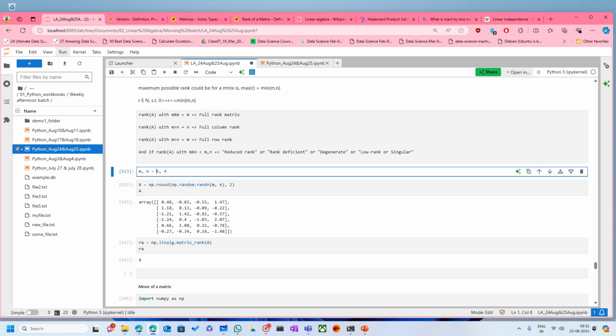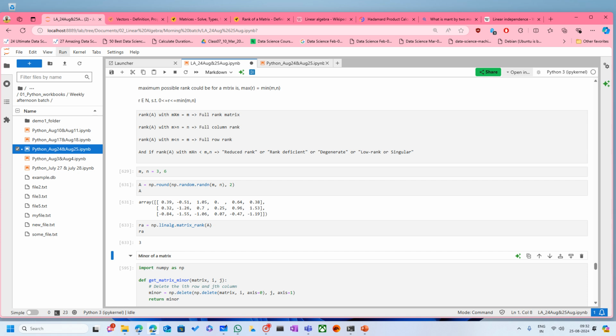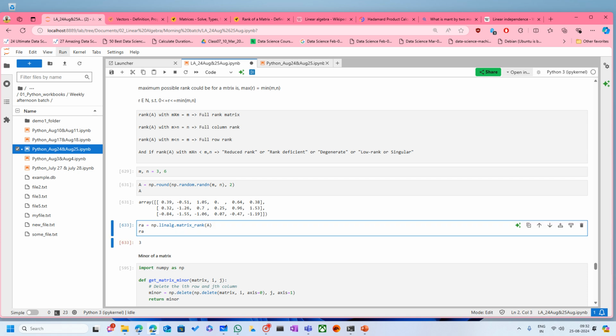If rows are fewer and columns are more, whichever is the smaller value becomes its rank. So is this clear? Rank of a matrix. Yes. Okay, all right.